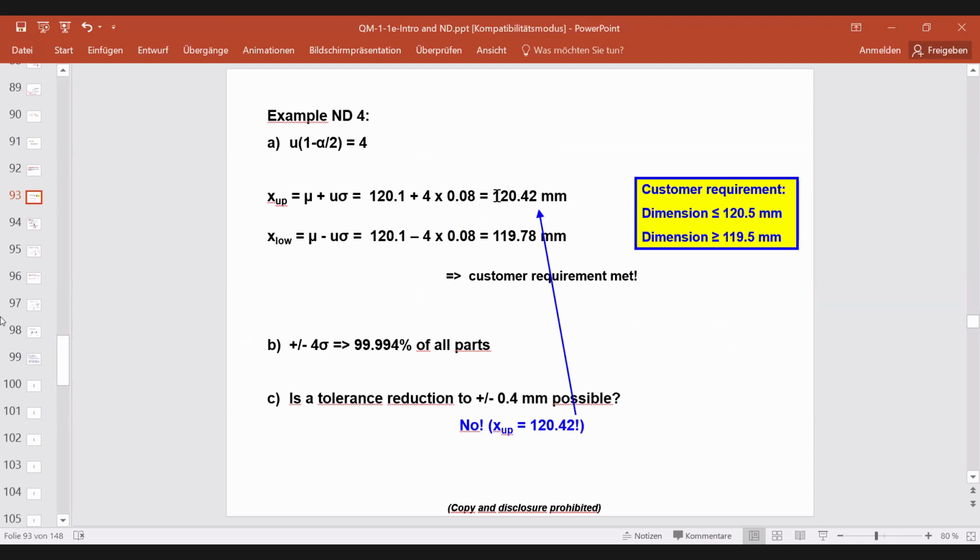So here you will break through the tolerance area if you reduce the tolerance area. If you do a reduction to plus minus 0.4, you have a problem with this upper threshold. It is bigger than the reduced upper specification limit. And for that, you must say, no, it's not possible.